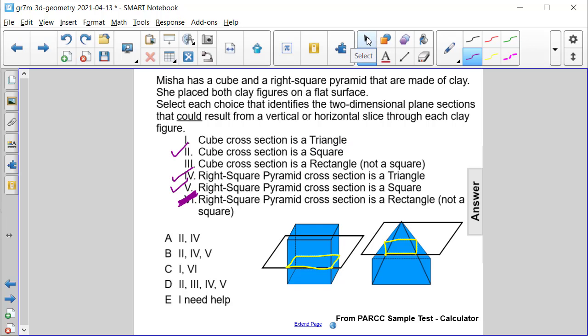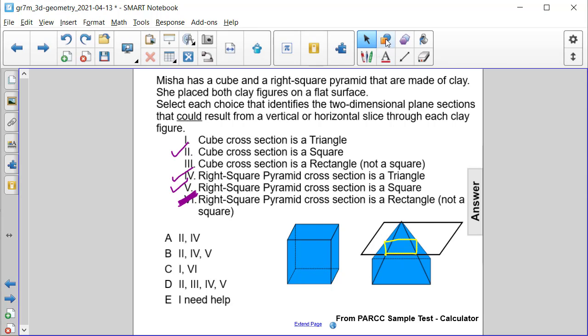I wonder if there's a way that we can draw a cross section in the cube to make it a rectangle. So let's try to do that. So what if we did a vertical cross section of this cube in this direction, and it went this way? Is this going to be a square or a rectangle?